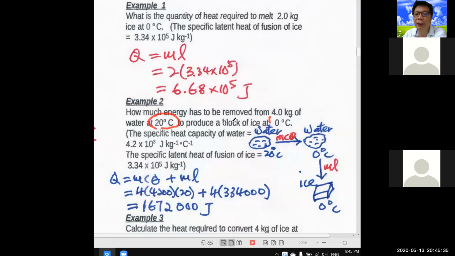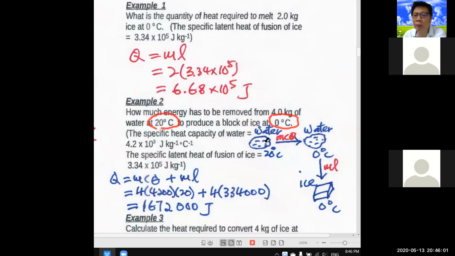Now there are so many steps here. You are given the specific heat capacity of water, 4,200, and the specific latent heat of fusion of ice. Look here. For the water, there are two stages. One is the water at 20 degrees cooling down to still water, but at 0 degrees.